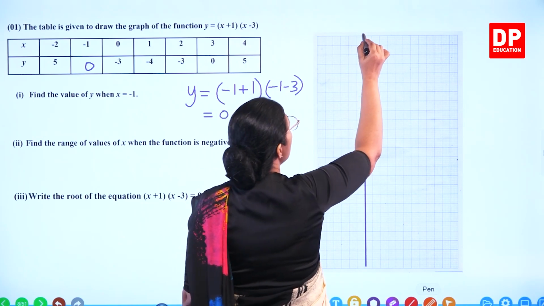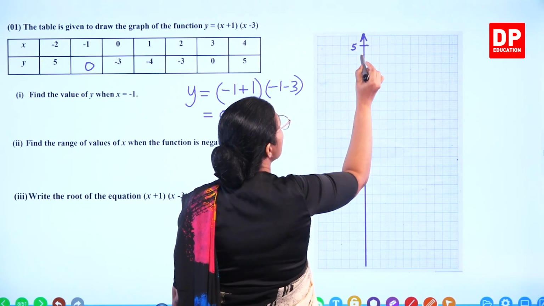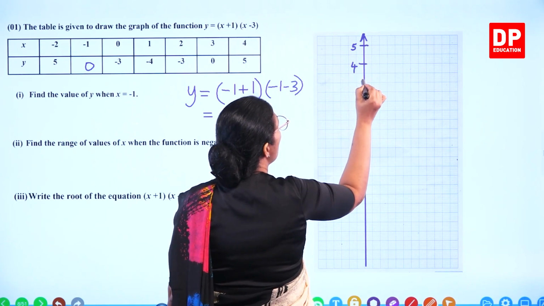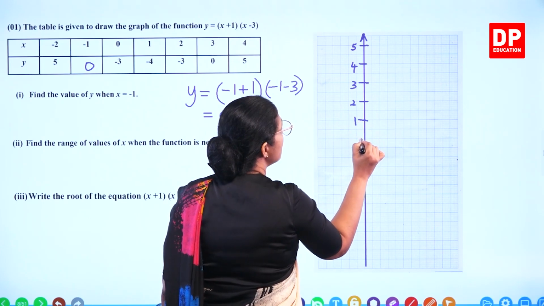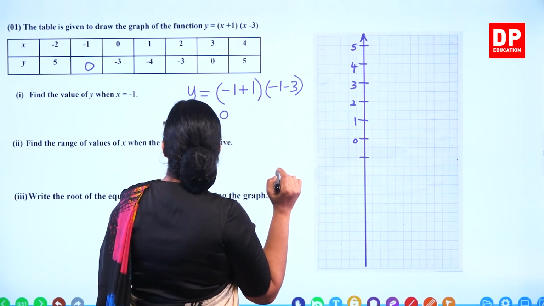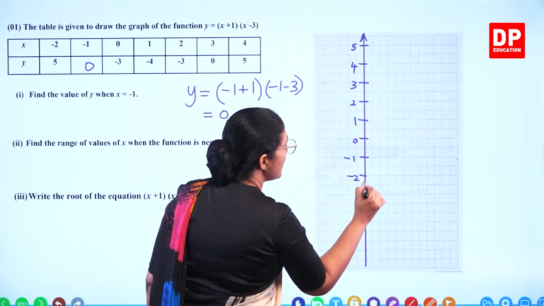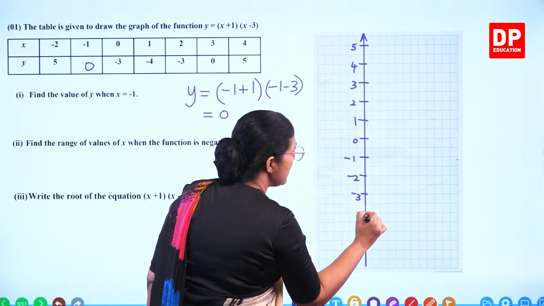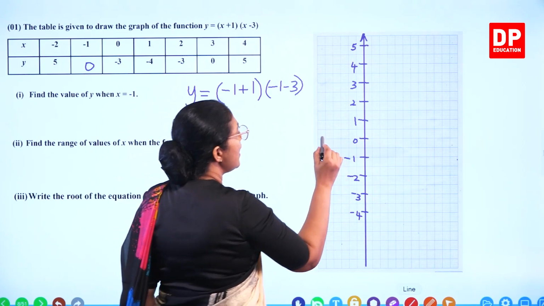So that means we can start from 5 here. 5, 4, 3, 2, 1, 0. That's the x-axis, and then minus values up to 4. Minus 1, minus 2, minus 3, minus 4. Now you can draw the x-axis.